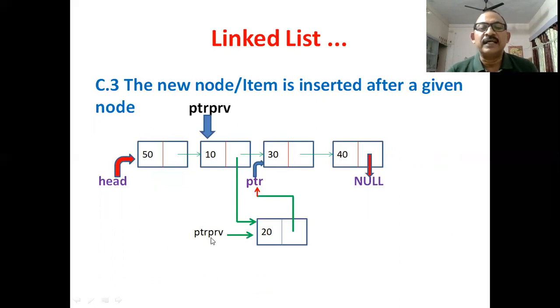In this case, again, we allocate space for the new node, and this PTR previous next points to this new node, and the new node next points to the PTR. So this way we can insert a node before this 30 node.